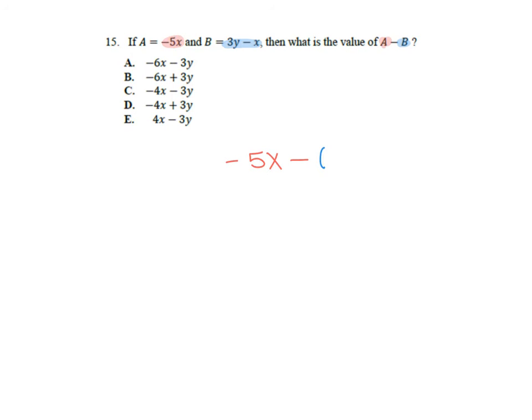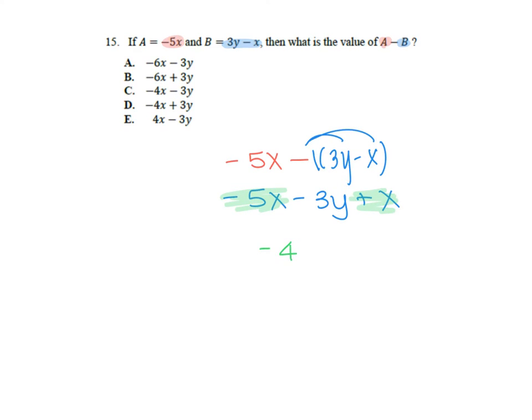Remember, it's important to put this in parentheses when you plug it in, because now I have to distribute this negative 1 that's out in front. Then I can combine my like terms. I have negative 5x plus x, that's negative 4x, and then minus 3y. So the best answer choice is C.